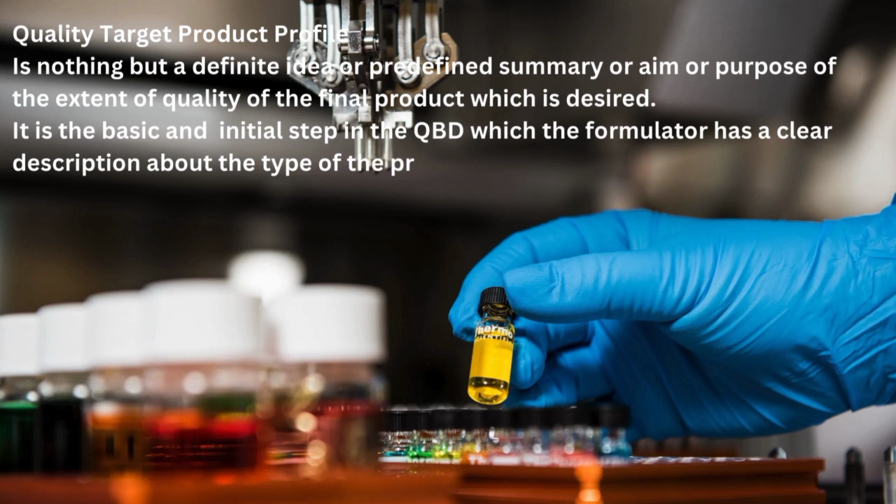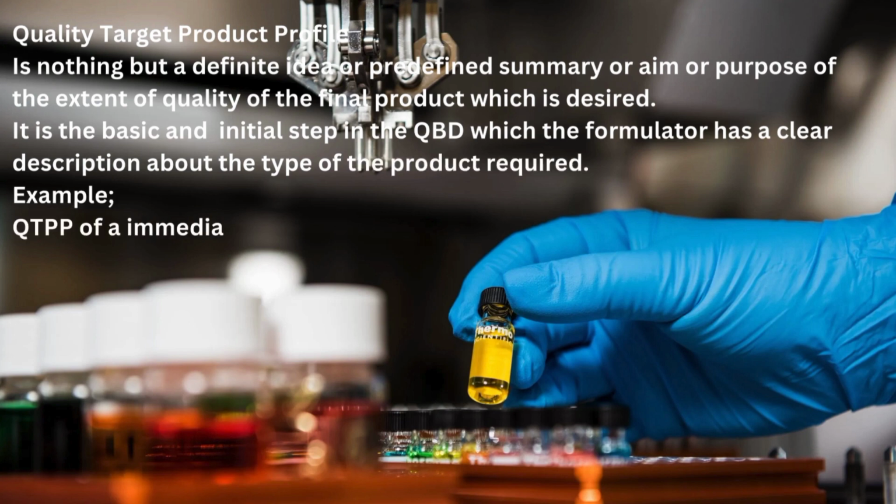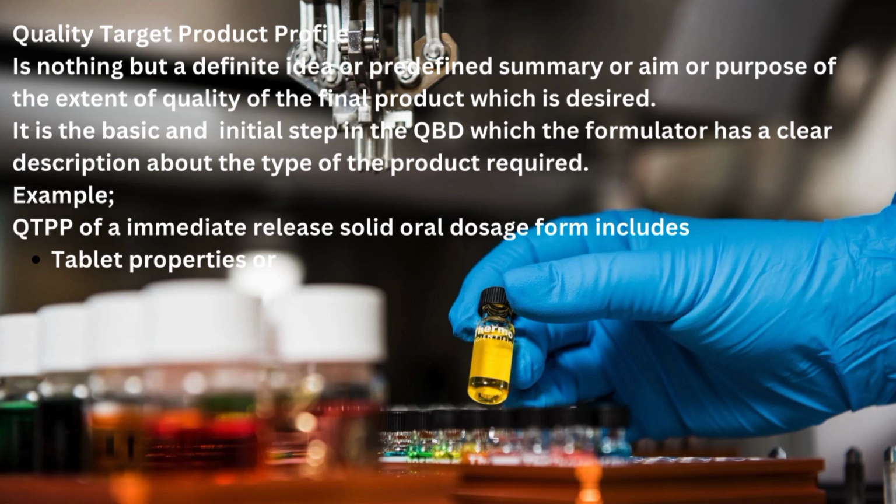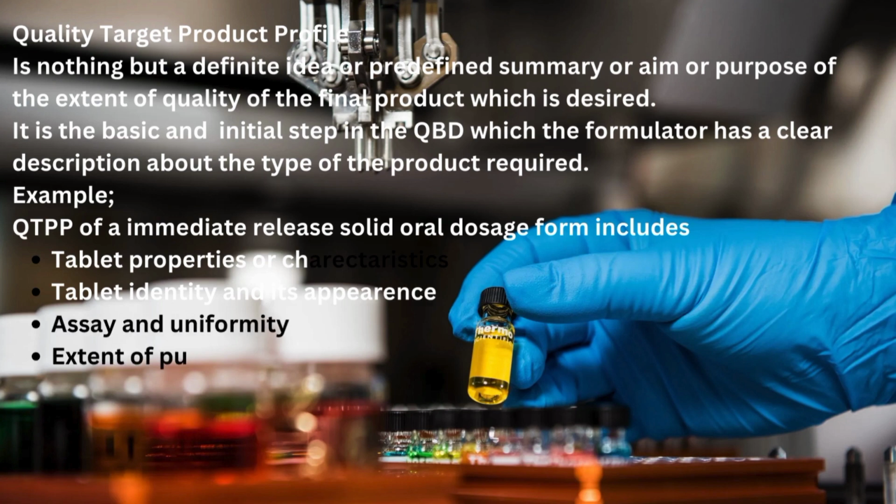For example, the quality target product profile of an immediate release solid dosage form includes tablet characteristics such as tablet identity and its appearance, assay and uniformity, extent of purity, extent of impurity, and dissolution rate.